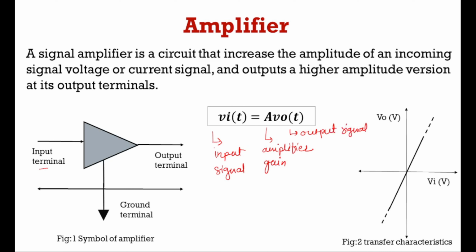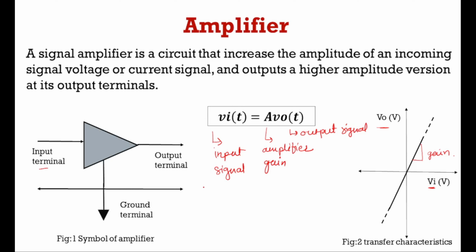And the transfer characteristics of the amplifier is represented by this curve, where the y-axis represents the output voltage and the x-axis represents the input voltage, and the slope of this curve tells about the gain of the amplifier. As we have used voltage here as a signal, this is called a voltage amplifier.